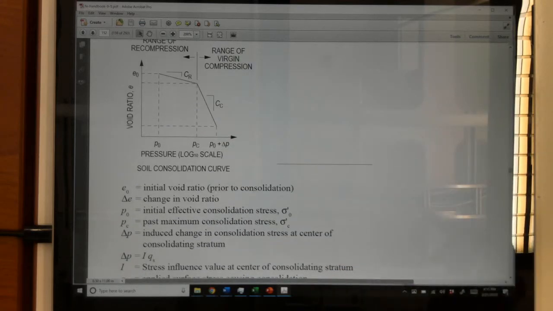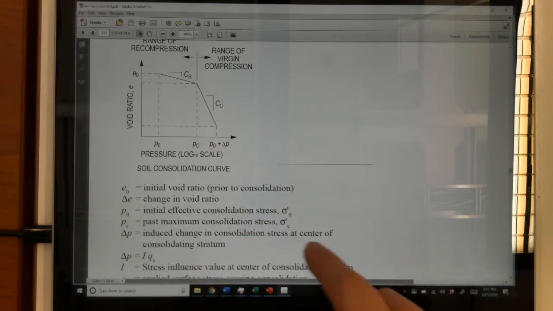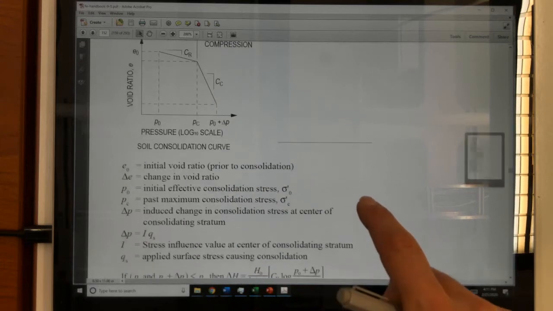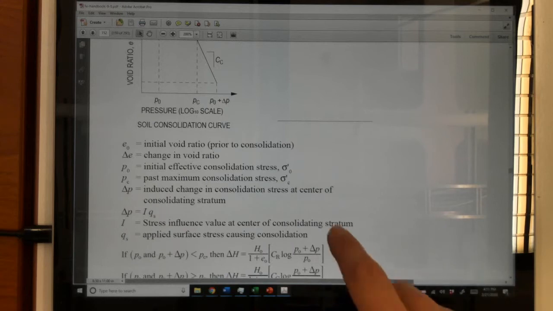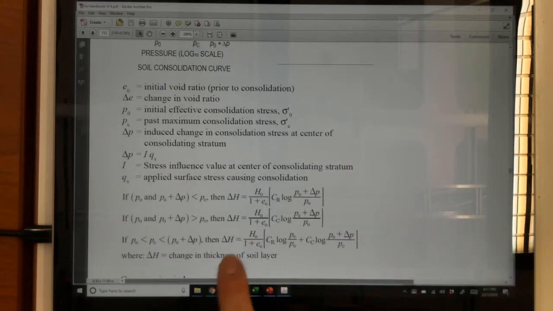The basics of consolidation are that you are going to be asked to find either how much settlement occurred, since consolidation is soil settlement, or how fast it is occurring. The first part you see here in the reference manual is about the how much piece, and the how much is delta H, the change in thickness of the soil layer.